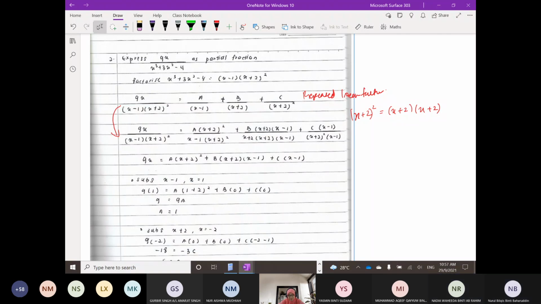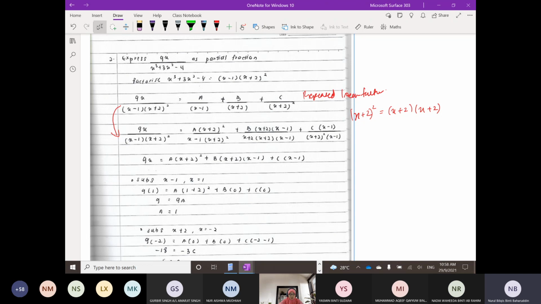Kena darabkan dekat denominator yang tak ada, betul ke? Why? Kenapa? Sebab nak samakan denominator dia. Good.